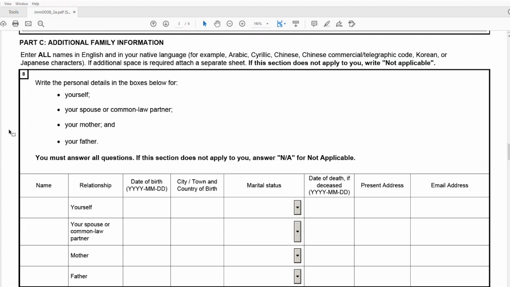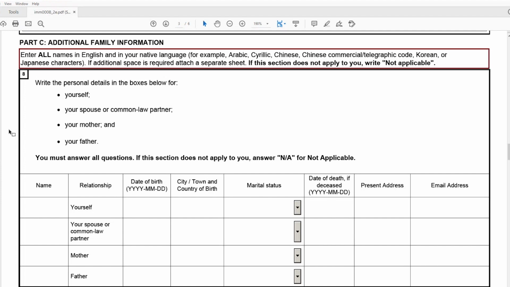So under question 8, family information, you're going to provide the information for yourself, your spouse, as well as your mother and father. When entering in the names of your family members, be sure that you include not only the names in English, but also in your native language.